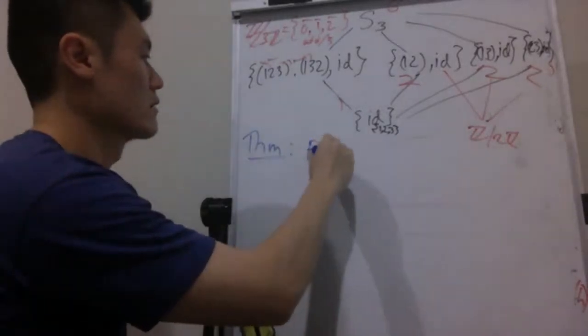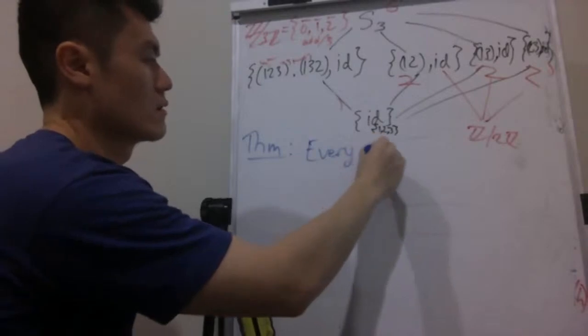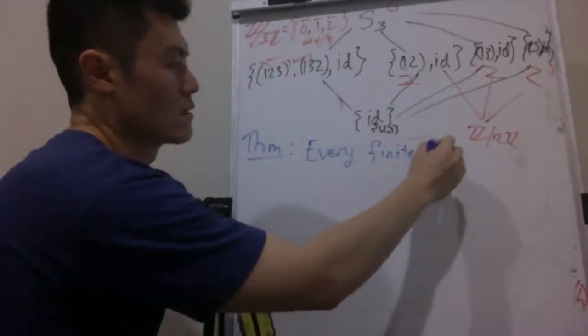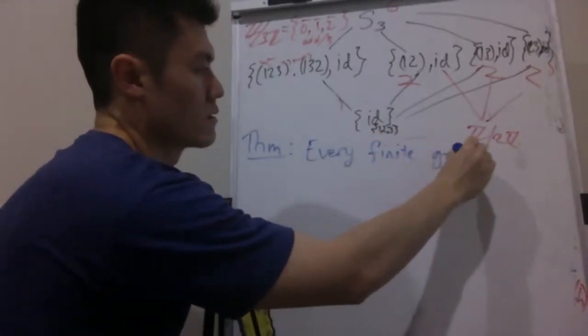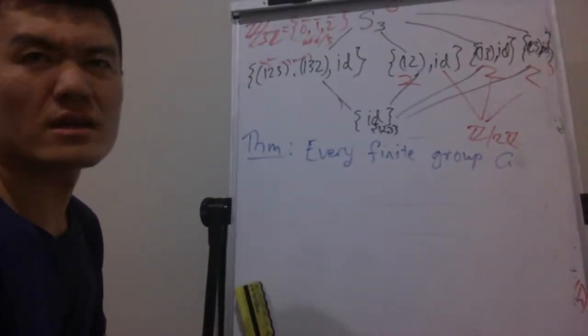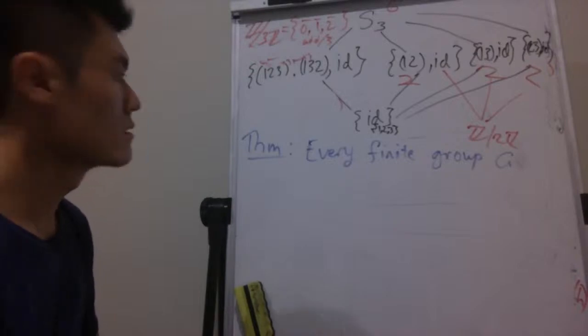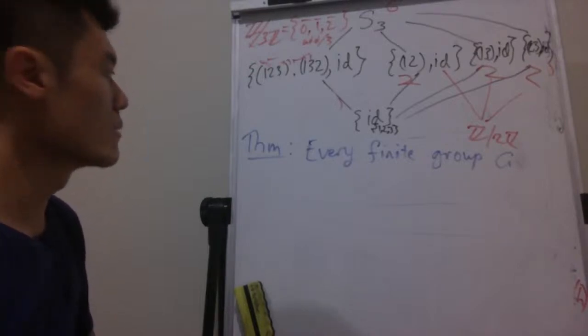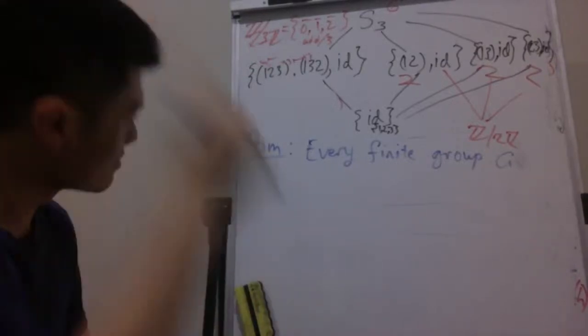Every finite group G. I didn't learn the name of it when I did it, but I think it's probably called Cayley's theorem.